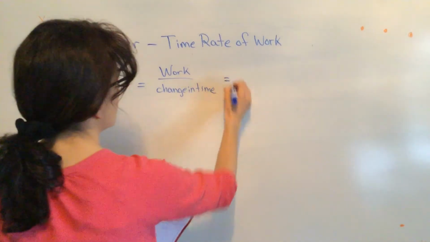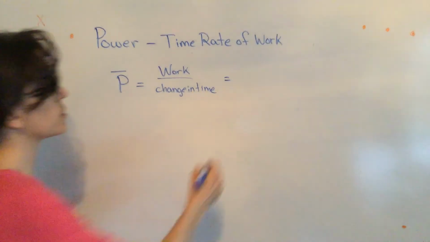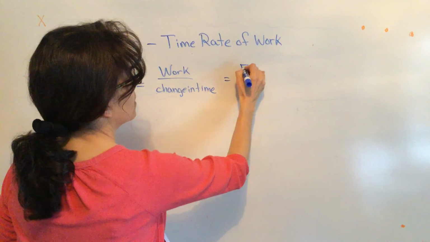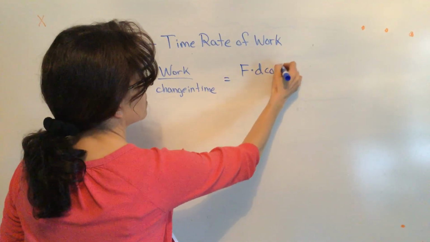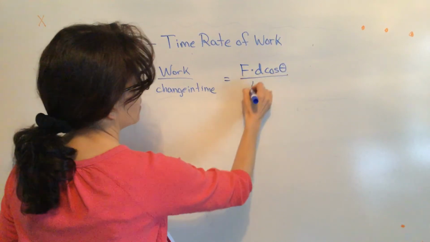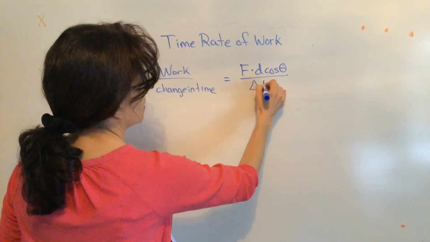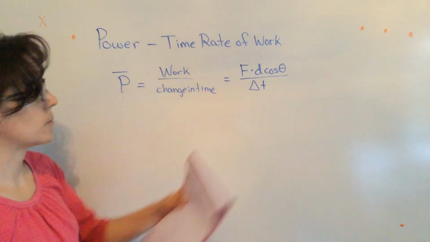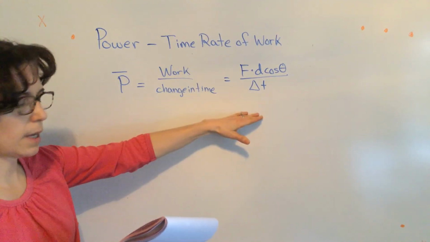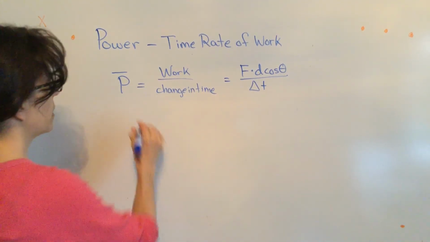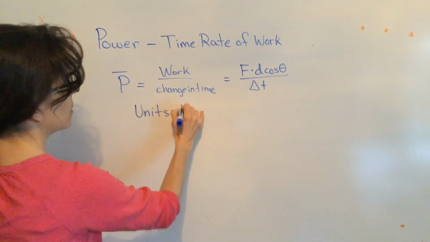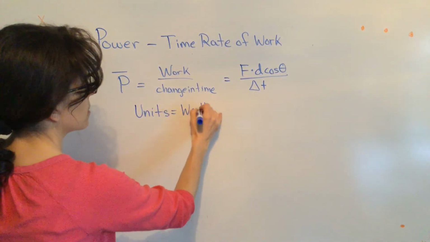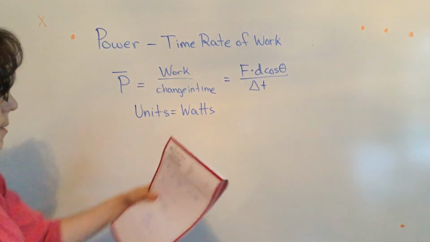So the top we're just going to write our formula for work. In the denominator, we'll just say it's a change in time. The units will be very familiar to you. They're going to be watts. Watts is a capital W.